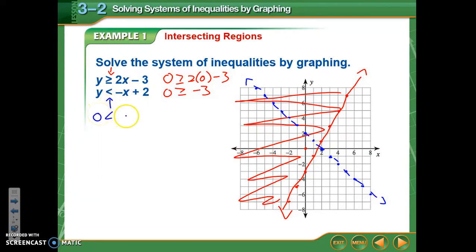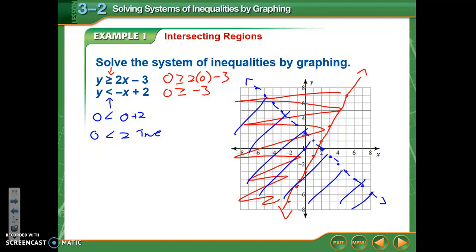And I'll get 0 is less than 0 plus 2. 0 is less than 2. That is also true. And since 0, 0 is on this side of the blue line, I need to shade everything on this side of the blue line. Okay, so again, carefully shading so that you can see where the overlap is really easily.